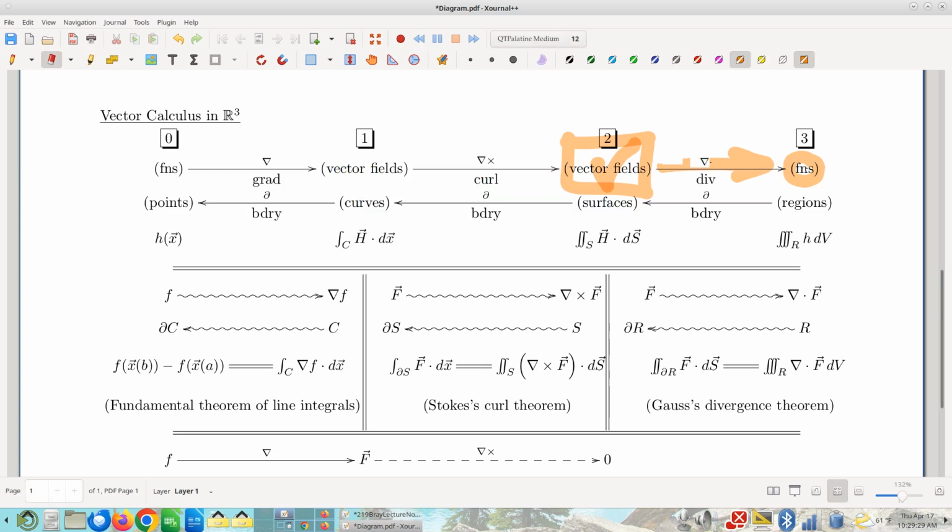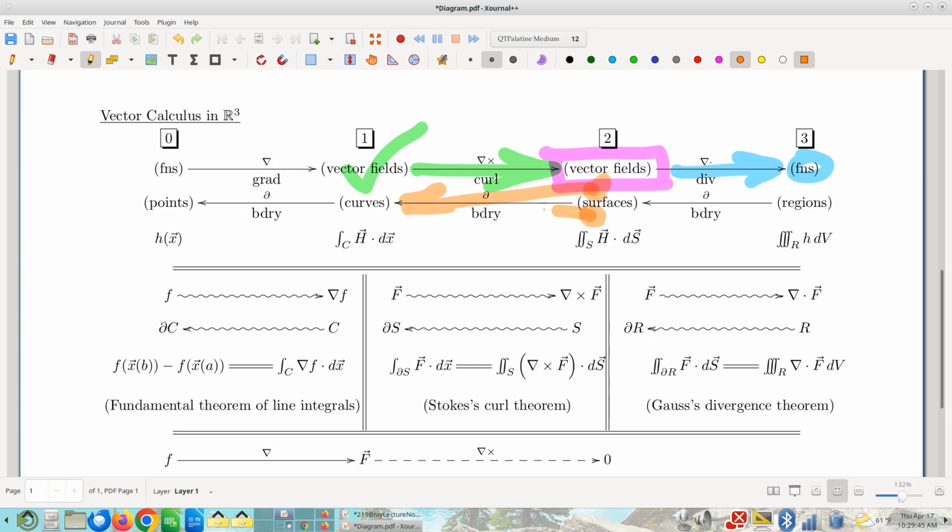We talked about how we've got these three properties of the special vector fields. When you go further, you get 0. And they have this independence: if you change the domain without changing the boundary, you'll always get the same value of the integral. That works for path independence and surface independence.